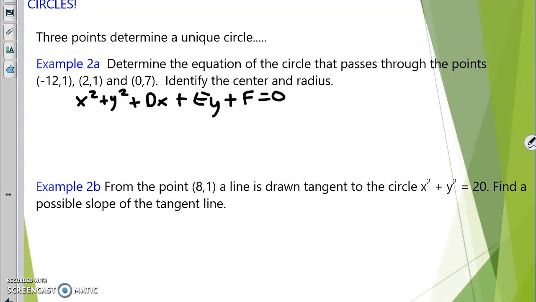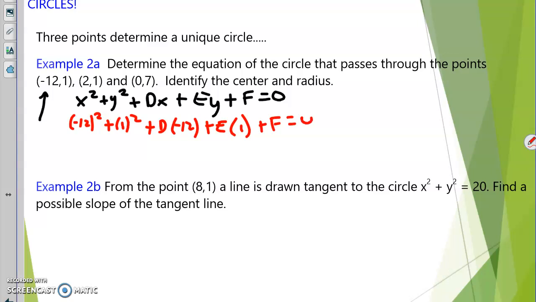If I know from our first point, I'm going to get -12 squared plus 1 squared plus D times -12 plus E times 1 plus F equals 0. I simplify that. And again, you can pause this and do it yourself.